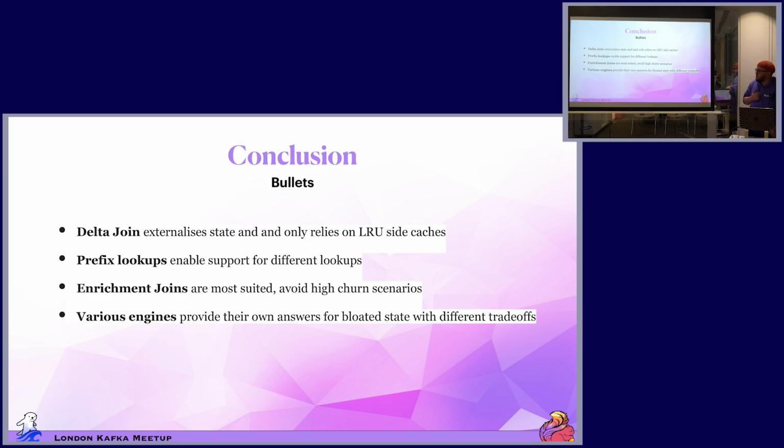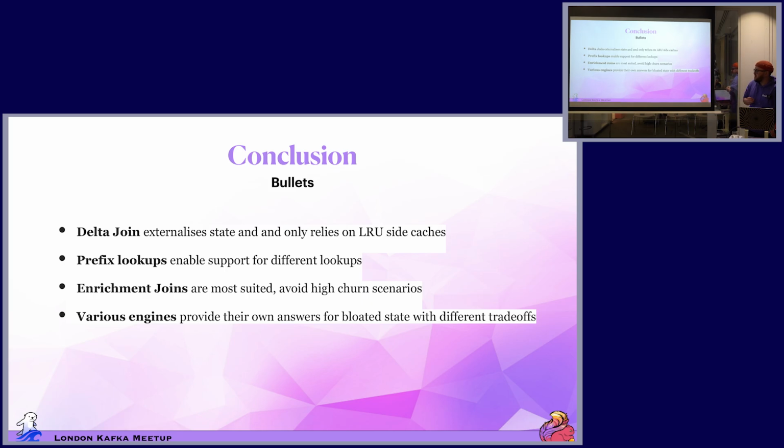Then there are enrichment joins, which is the most suited case. But if you want to avoid performance problems with Fluss, just watch out for scenarios where a single update can cause a high churn update on the other side of the join. It would be disastrous.